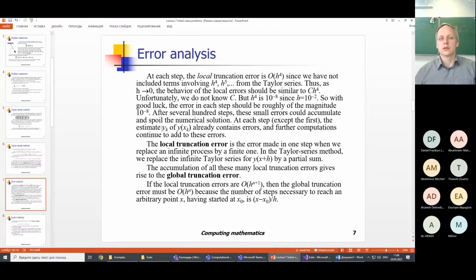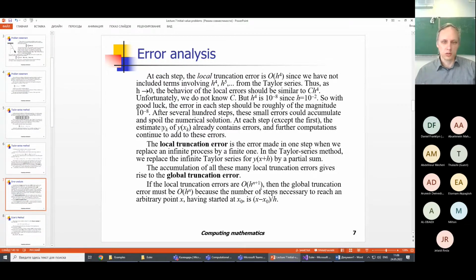Thus, as h tends to 0, actually we cannot take h tends to 0, but if h is very small, the behavior of the local errors should be similar to a constant times h power 4.